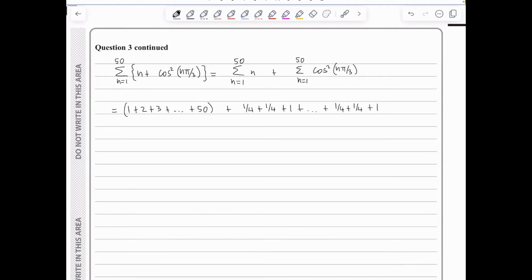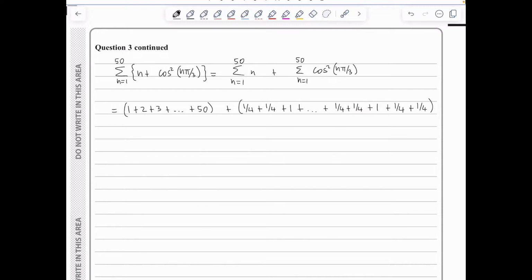And if you think about it, we've got 50 terms summed up here, so we can see that we've got 16 full periods. Each period is 3 terms, and then another 2 terms, which is going to be the next 2 terms of the next period. So it's going to be plus a quarter.